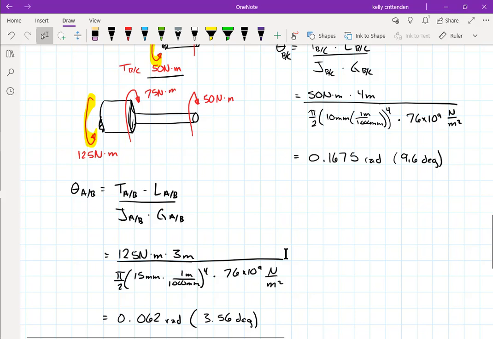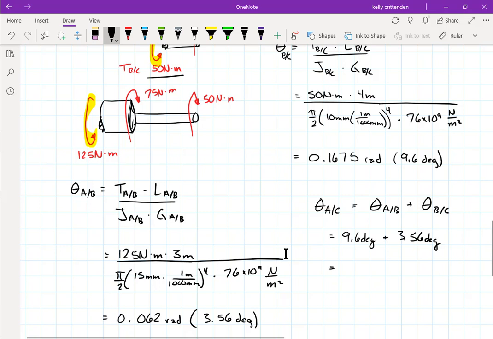angle of twist. And then what I do is the angle of twist from A to C equals the angle of twist from A to B plus the angle of twist from B to C. In this case, both of those are positive, or what I assign to be positive. They're both the same sign. Whether they're both negative or both positive doesn't matter. So BC was the 9.6 degrees and AB was the 3.56 degrees.